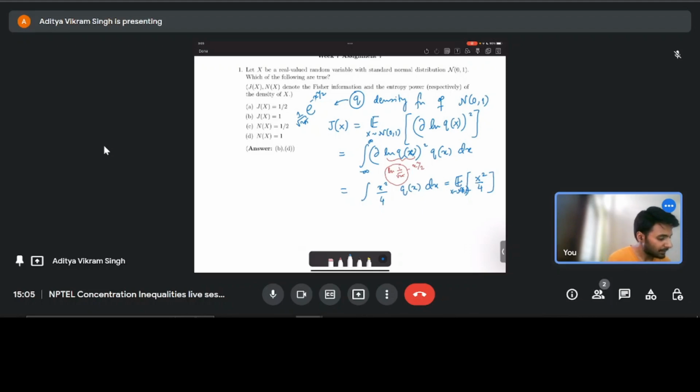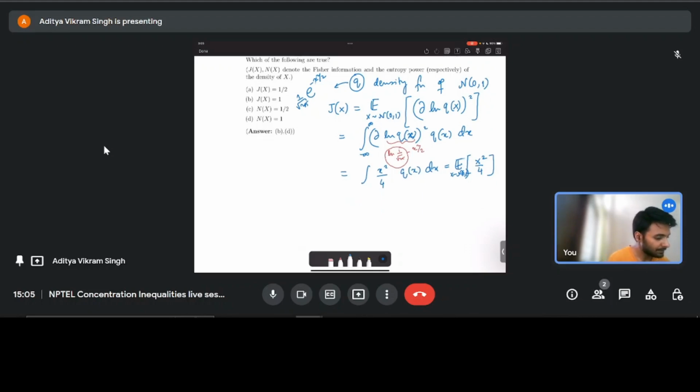So what does this give us? I'm sorry, this would be x power 4 by 4. So this is the expectation of x power 4 by 4. Now what is the fourth moment of a Gaussian random variable?